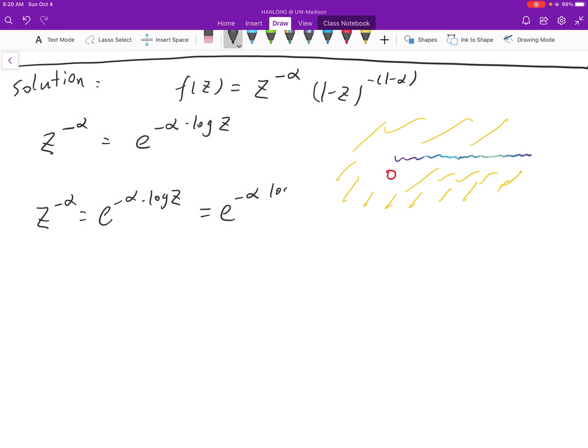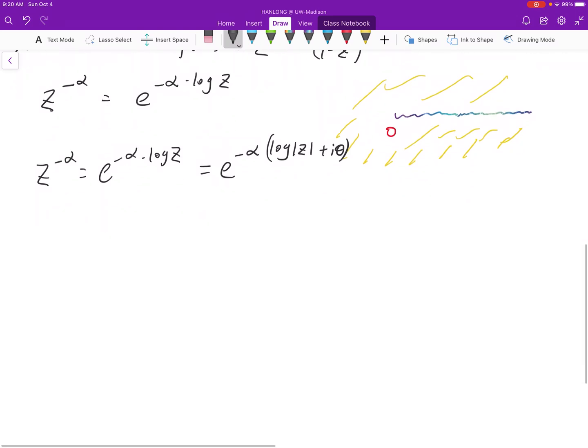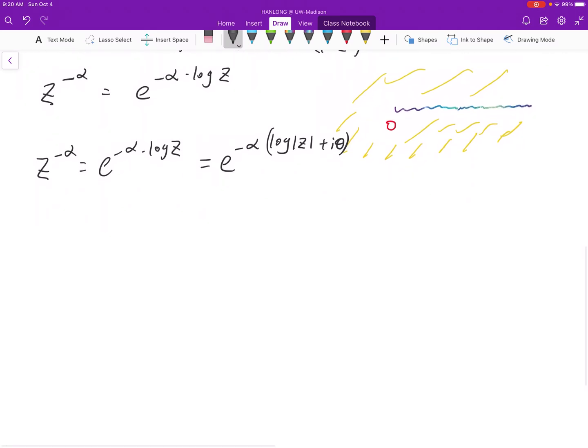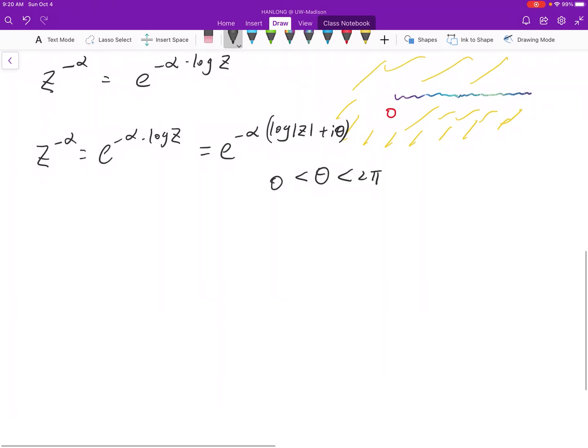One is log of the norm of z, the other one is i theta. So here theta, we take it to be any number between 0 and 2 pi. Then the formula, you can read it off.